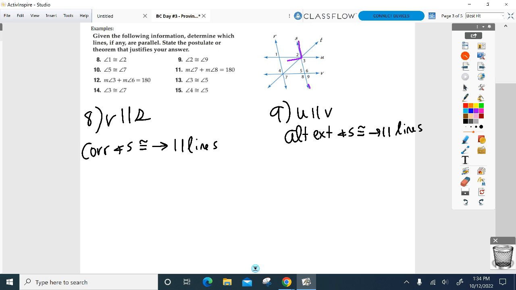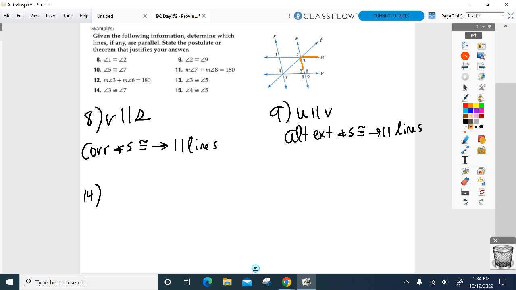All right, I'm going to skip around because you guys are going to finish this as a group. Let's skip to number 14. Angle 3 is congruent to angle 7. Highlight it if you have to.